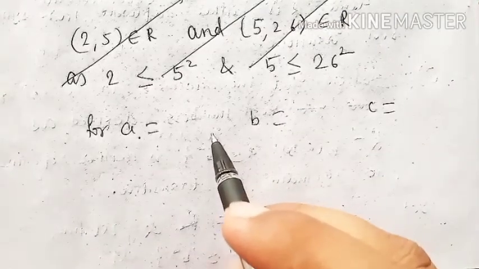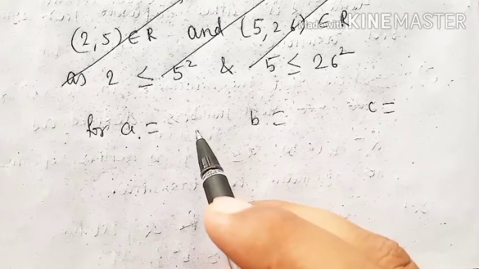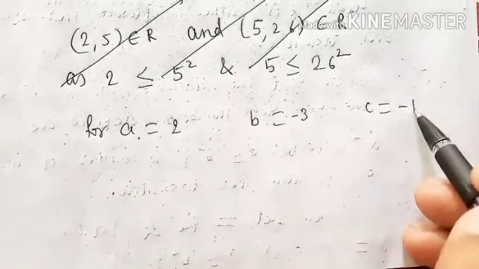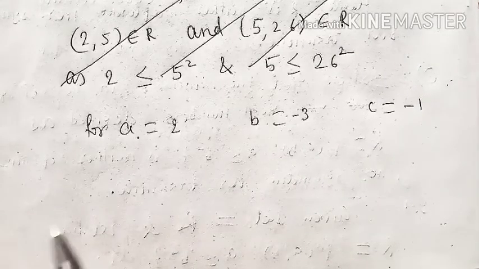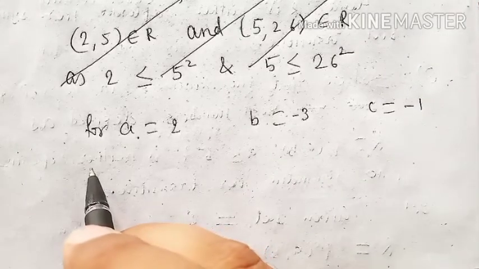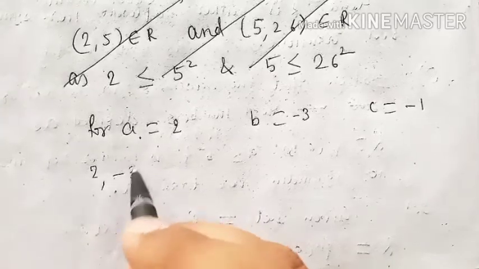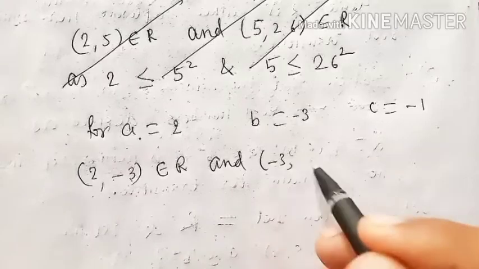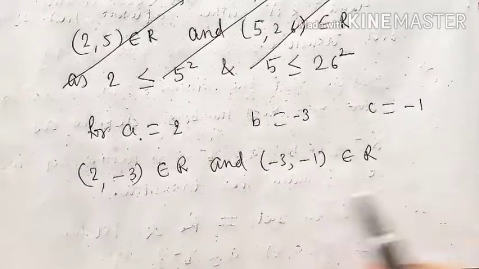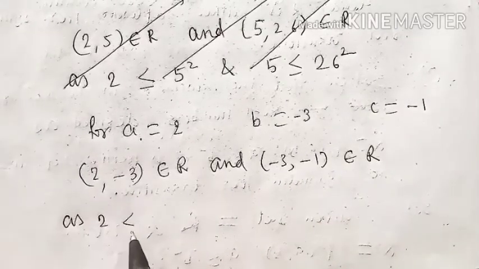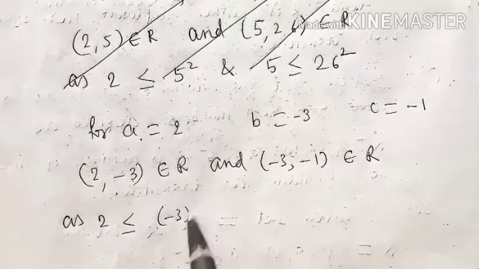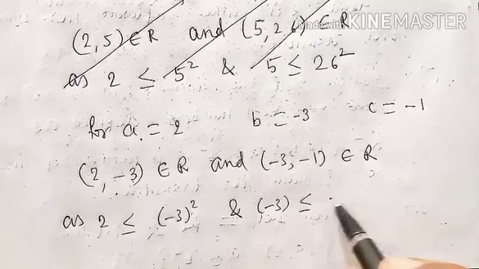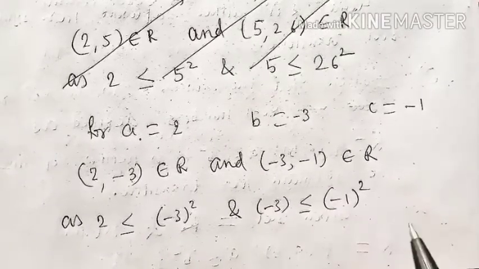Suppose we take A is equal to 2, B is equal to -3 and C is equal to -1. Then we see that (2, -3) belongs to R and (-3, -1) belongs to R as 2 is less than or equal to (-3) square and -3 is less than or equal to (-1) square.